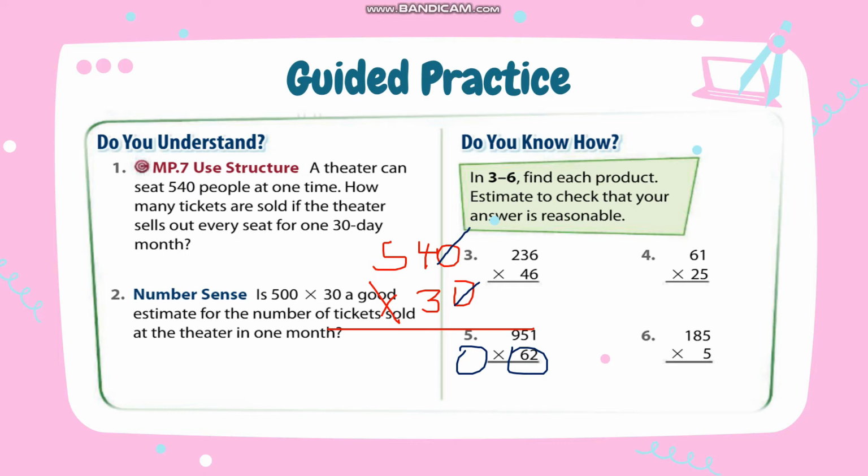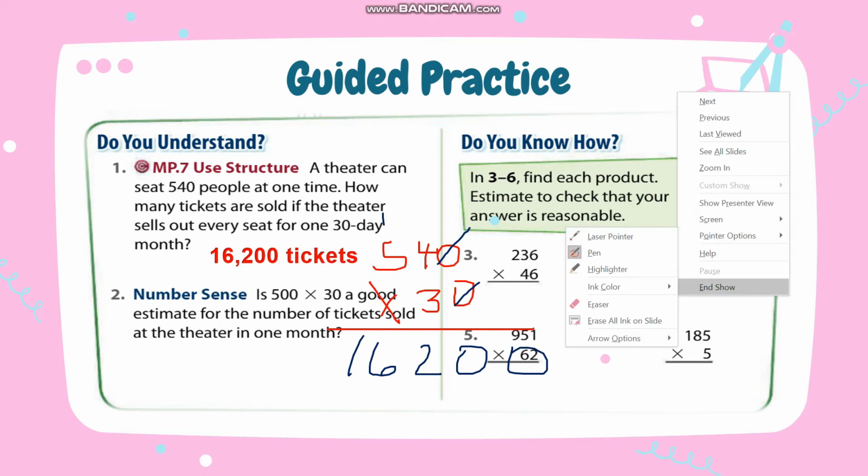Then 3 times 4 is 12, regroup 1. 3 times 5 is 15 plus 1 is 16. So the answer is 16,200. But if the zeros are in between the digits of the given number, it's not possible to cancel. Only those that end with zeros can you cancel and put into the product.